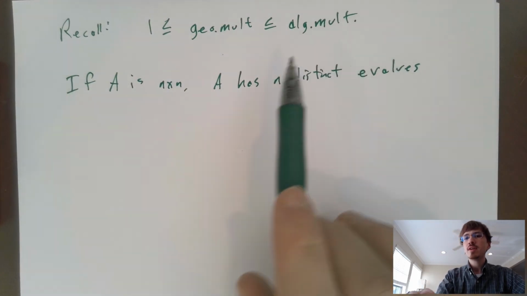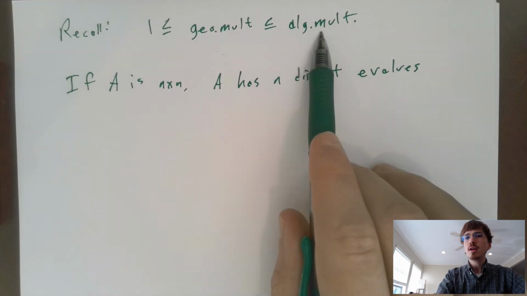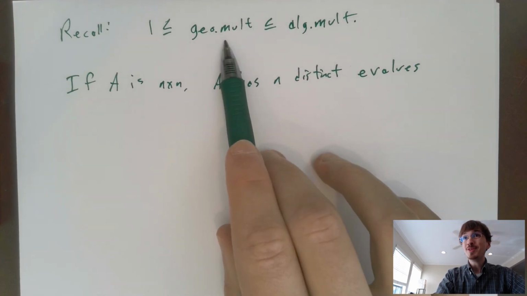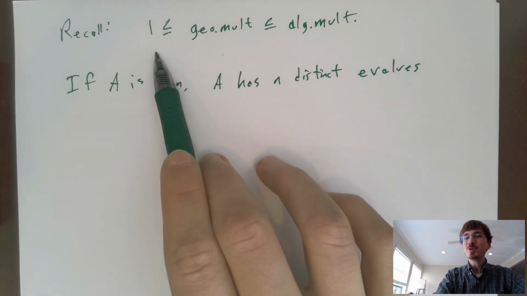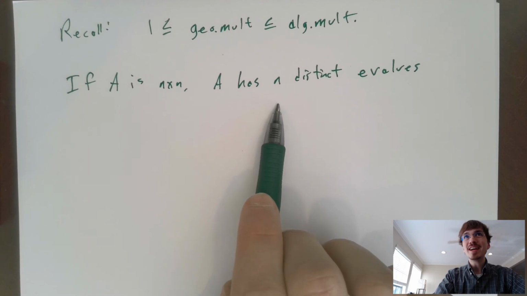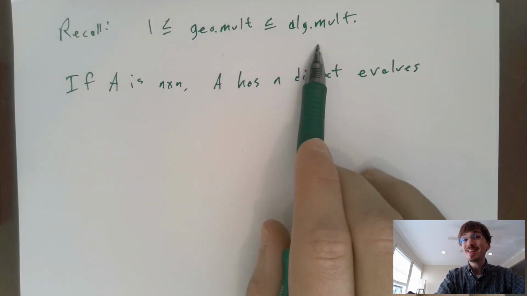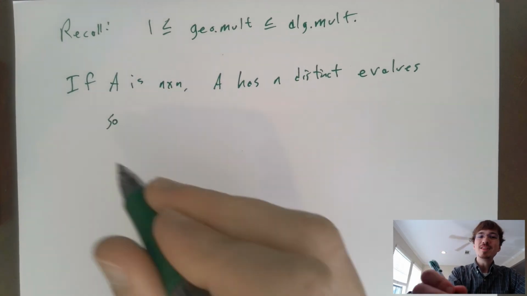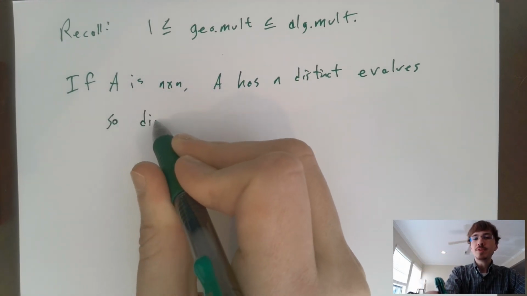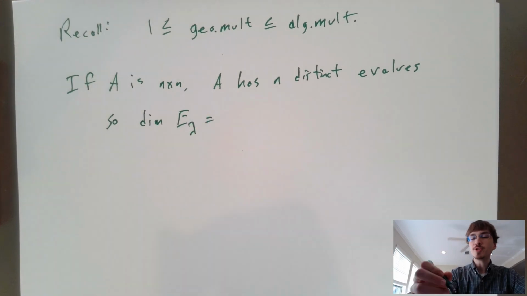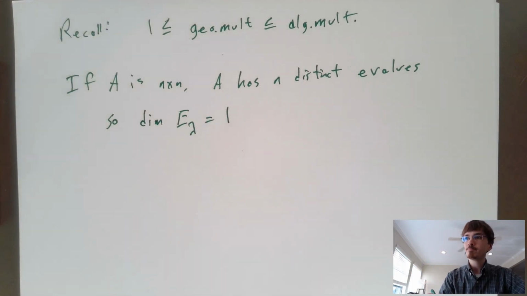That means that each of their algebraic multiplicities is 1. Well, what does that mean about the geometric multiplicity? The geometric multiplicity is at most 1. So that means that the dimension of the eigenspace corresponding to lambda, the geometric multiplicity, is 1.